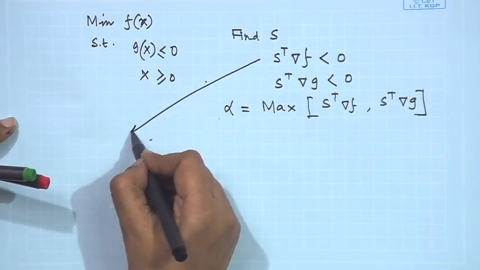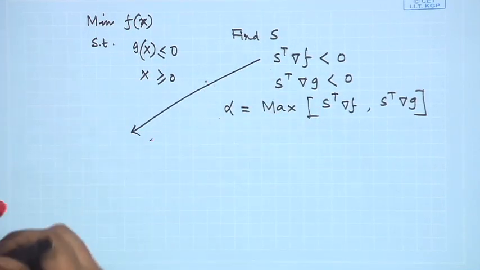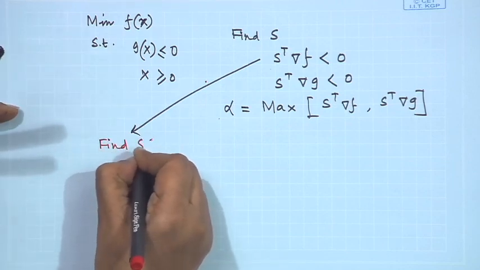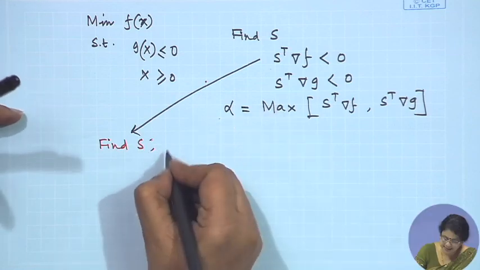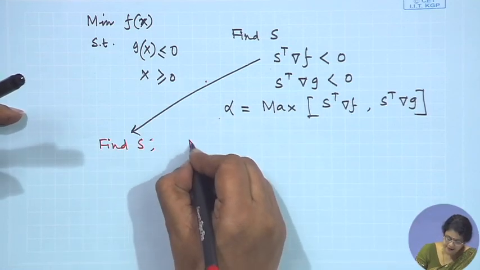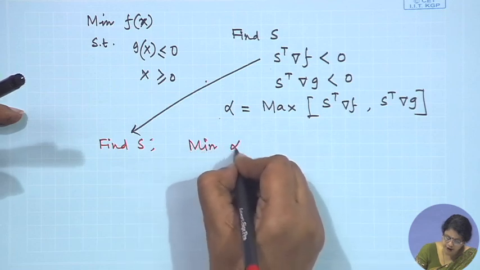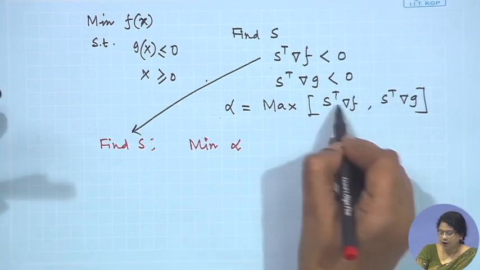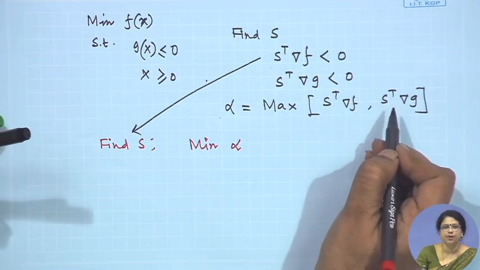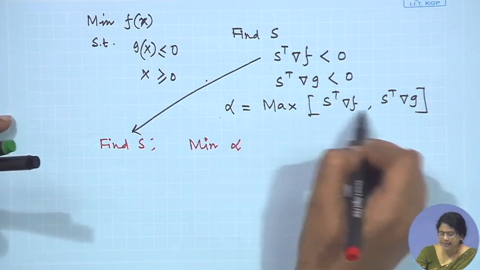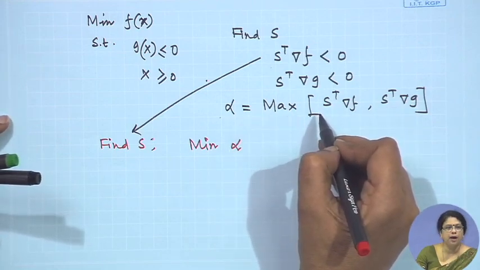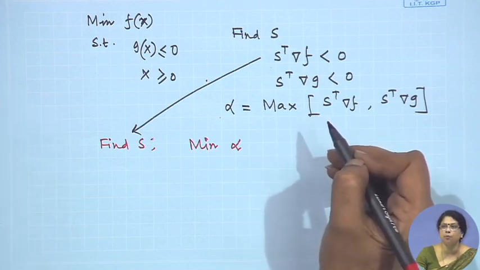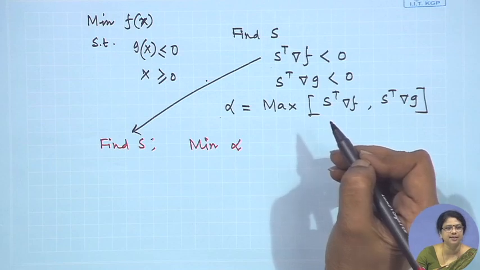From here we can say, find S such that minimization of alpha. Why are we minimizing alpha? You see, these are all negative values. We are getting alpha as a maximum negative value, but we want to reduce alpha until it becomes non-positive, that is negative, that is our target.